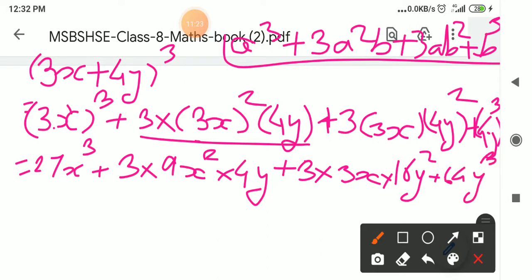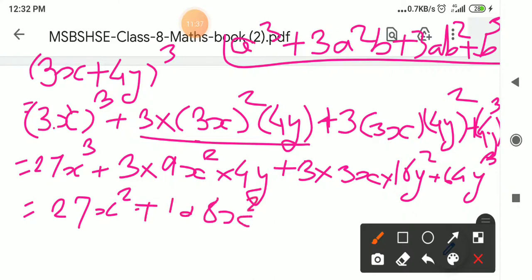When you solve this, you will get the expansion of (3x + 4y) bracket cube. So 27x cube. Do the multiplication: 3 4s are 12, 12 9s are 108x square y.